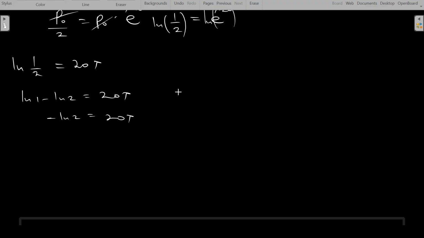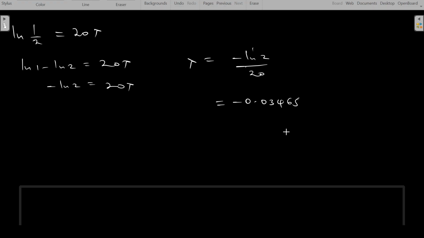Okay, so from this point, the ln of 2 is 0.69, but we are solving for lambda, so I'm saying lambda equals negative ln of 2 divided by 20. Okay, so if we solve for this, lambda should equal negative 0.03465.